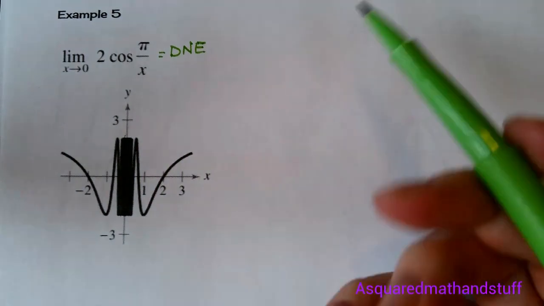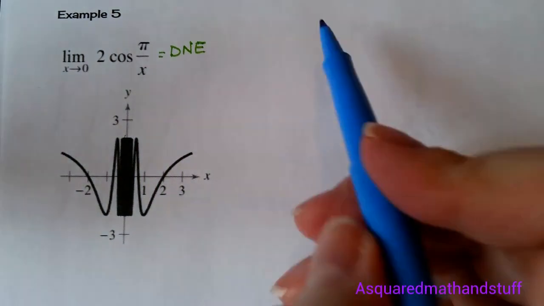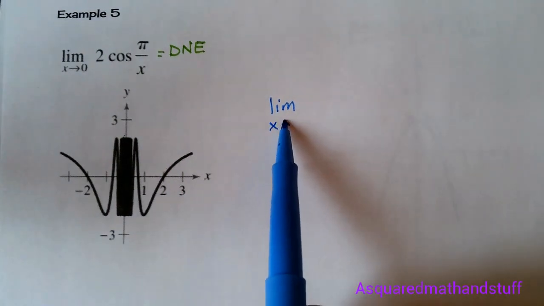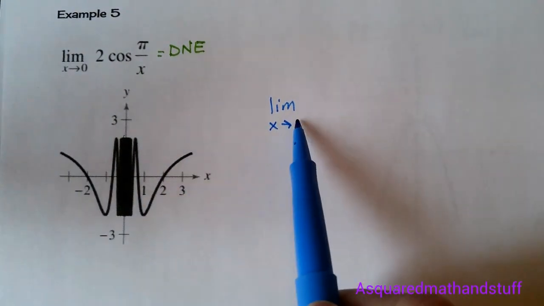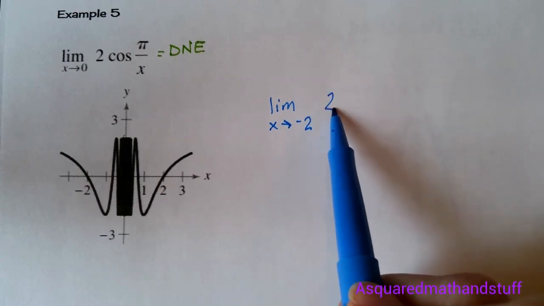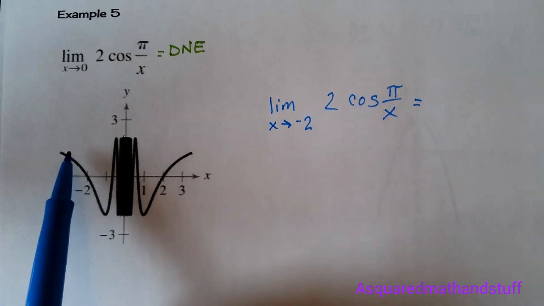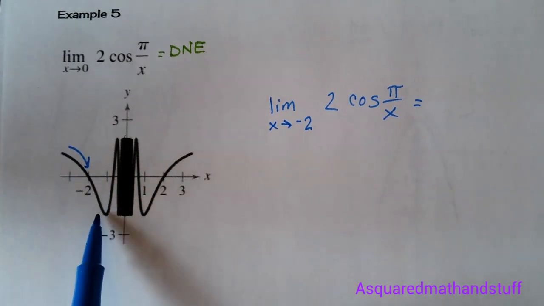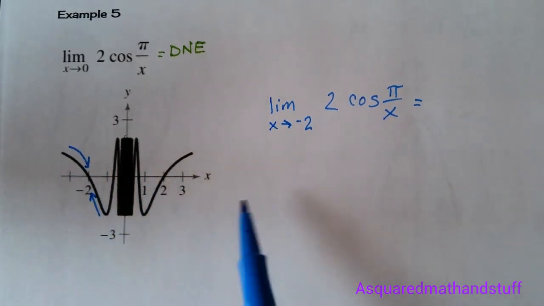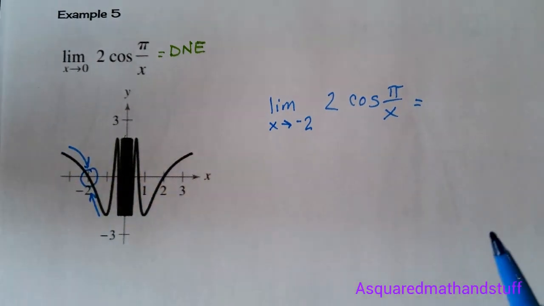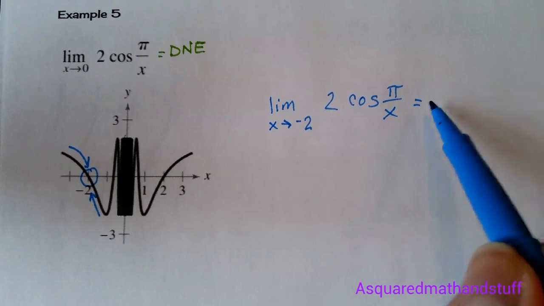Again, be careful, because if we were looking at the limit as x approached, say, -2 of 2 cosine pi over x, coming in from the left-hand side and from the right-hand side, from our positive side and our negative side, we would be approaching this y value here. That y value is 0.